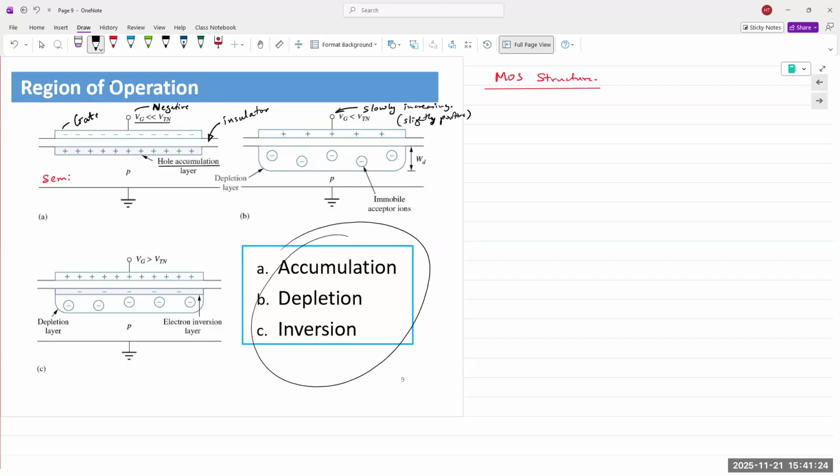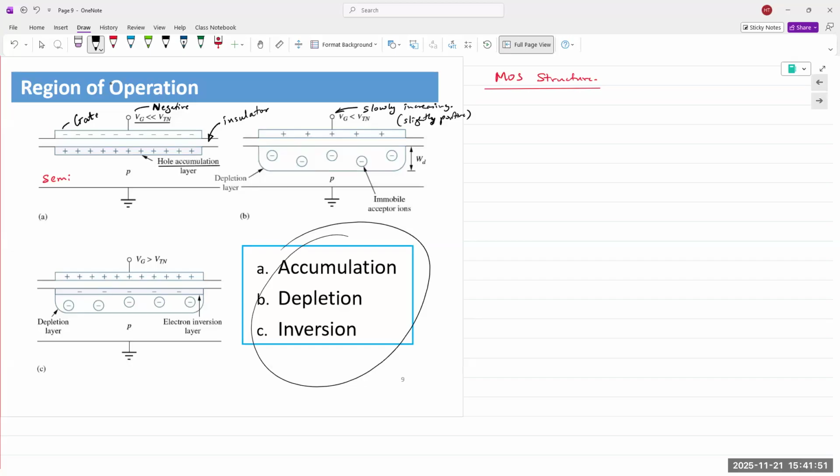It does not mean it's depleted of all charges because we still have the immobile ions in there. In a p-type material, you have the acceptor ions. In an n-type material, you have the donor ions or donor atoms, right? Those are immobile. They are not free to conduct. But the region is depleted of all free charge carriers, free as in free to move around and conduct electricity.